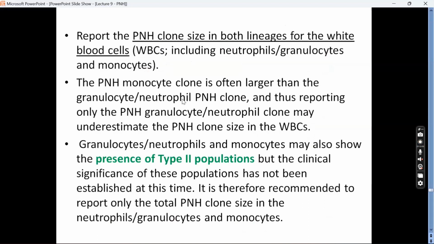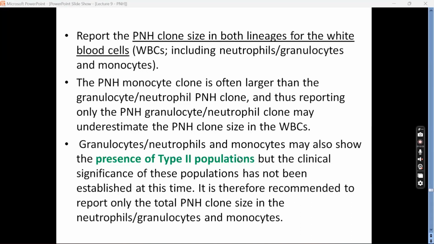PNH monocyte clone is often larger than the granulocyte clone, and thus reporting only on PNH granulocytes may underestimate the PNH clone size. So you need to report both PNH monocytes and neutrophils. Granulocytes and monocytes may show presence of type 2 population. We studied type 2 population in RBC, right? Similarly, type 2 populations can be seen in neutrophils and monocytes.